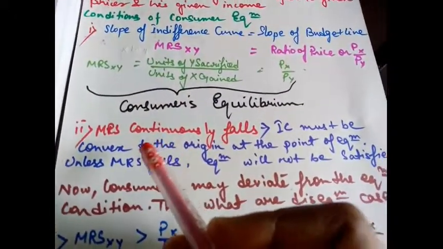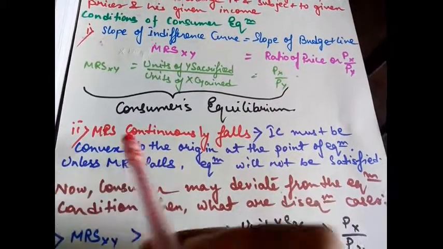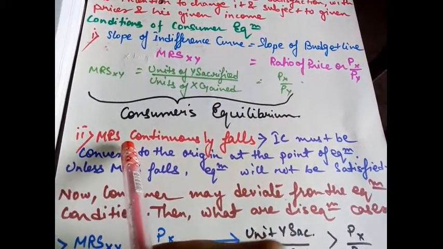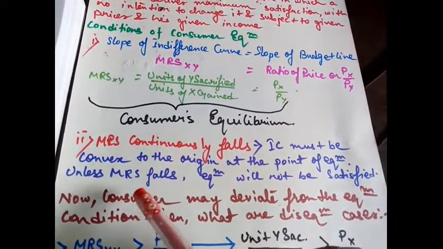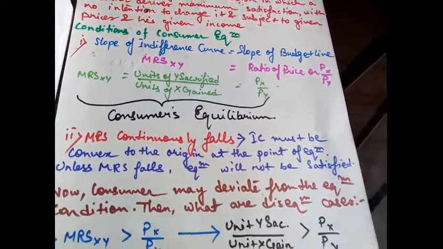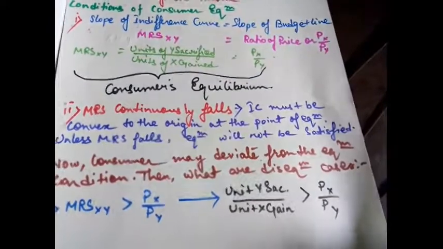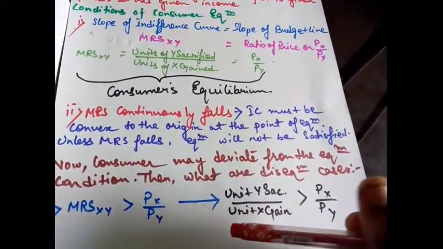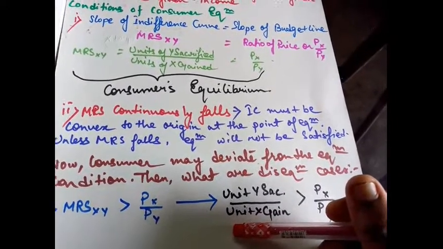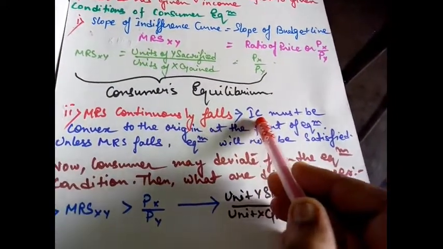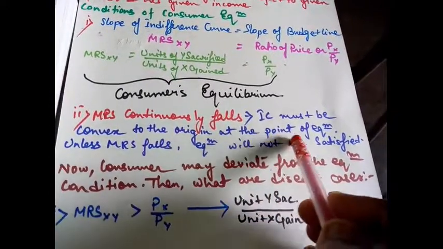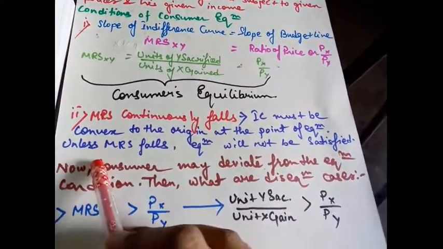What will be the second equilibrium condition? That MRS, the marginal rate of substitution, should fall continuously, meaning it should not rise, meaning it should hold the theory that if you want to consume more of one good, you have to sacrifice the other good. So the indifference curve must be convex to the origin at the point of equilibrium, since MRS falls.